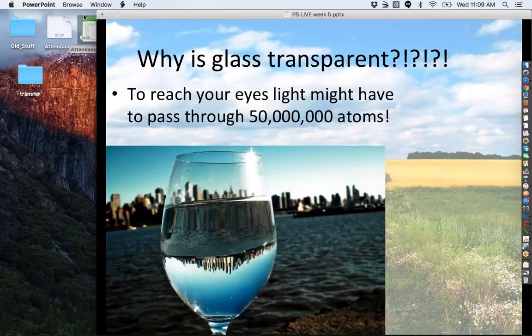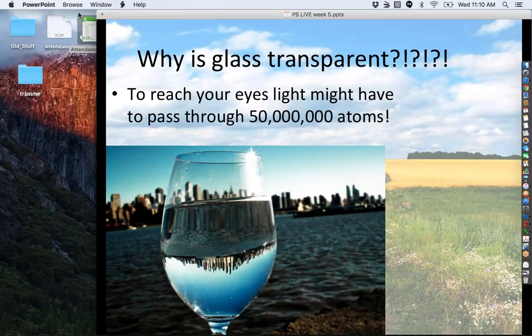But first, I'm going to ask you kind of an interesting question related again to the structure of the atom. Why is glass transparent? If you hold up a glass, like a wine glass or a water glass or whatever, fairly thick, that light might have to pass through 50 million atoms or more.